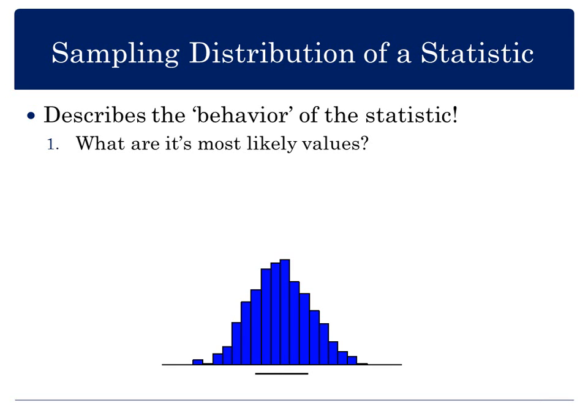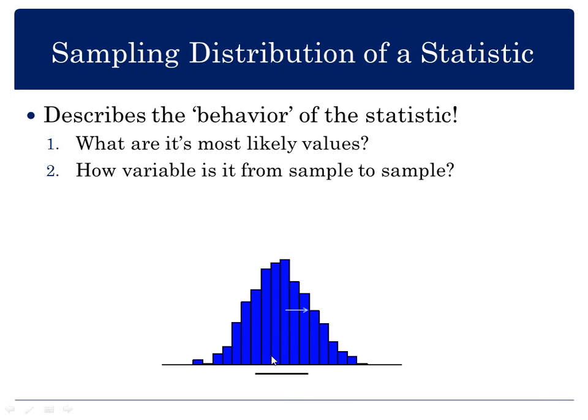It tells us if we're taking samples of a certain size from a population with certain characteristics like a mean of 0, what are the most likely values of the sample mean that could be drawn from this population? Values in this range. How variable is the sample mean from sample to sample if we're taking samples of size 10? Well, that's what that standard deviation of sample means is telling us.